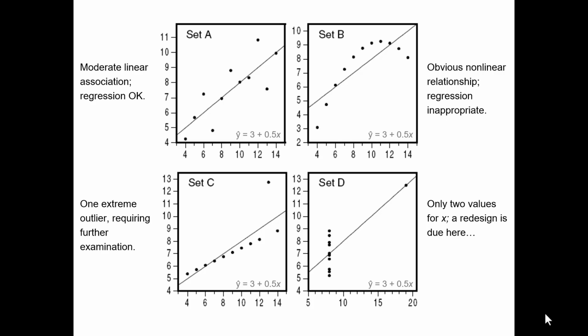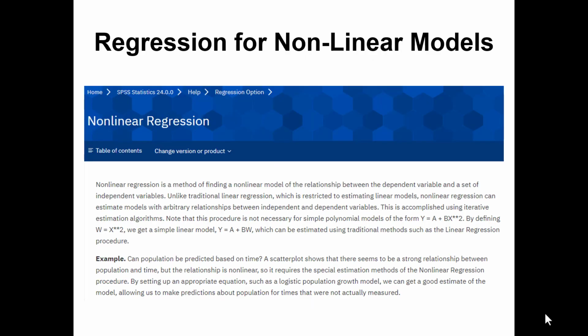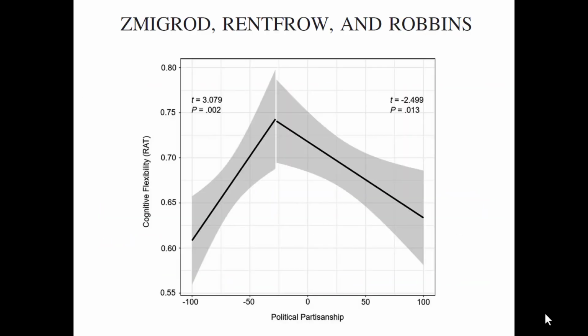So it's important to look at the data, plot the data, run some other statistical analysis before you jump into your OLS regression. And SPSS can do linear and nonlinear models, right? So you can look up that information to show how to do it. In fact, one of our articles, I think in Module 1, looked at partisan extremists, left wing and right wing, and asked whether hardcore partisans are cognitively inflexible.